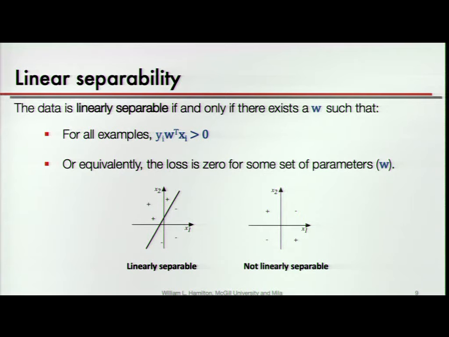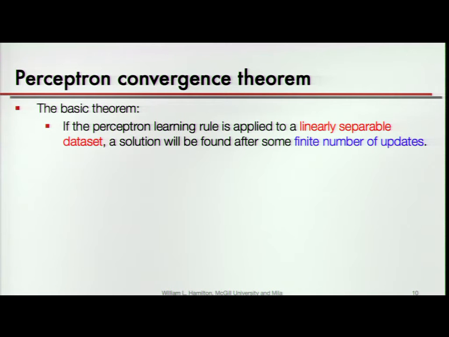Some data sets are linearly separable, like this one here. But for example, this is a very simple, trivial example of something that is not linearly separable. In logic, the XOR function is a very classic thing that is not linearly separable.